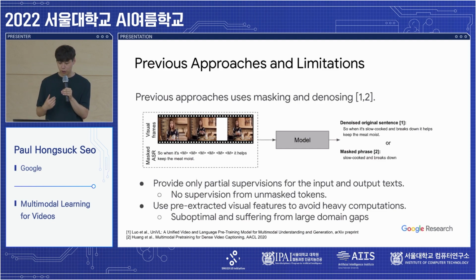However, these approaches provide only partial supervision for the input and output text, and they mainly use pre-extracted visual features to avoid heavy computation, because they used 3D CNN-based approaches.